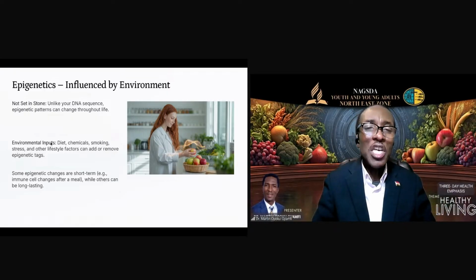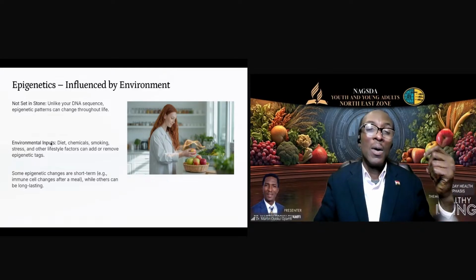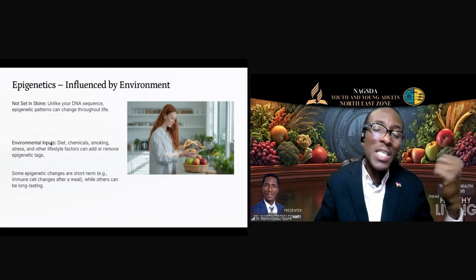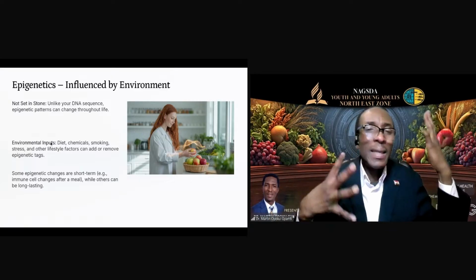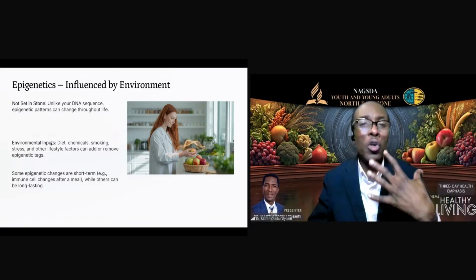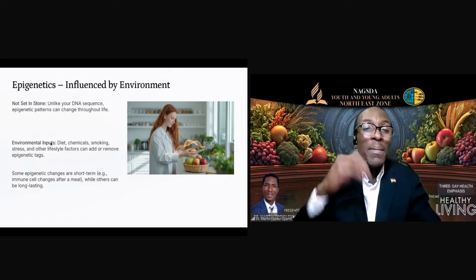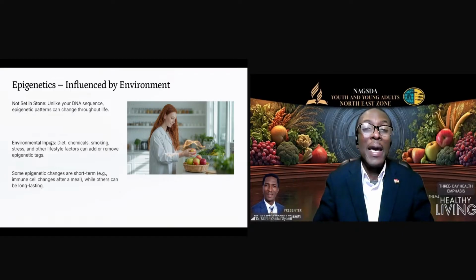Now the things that change it are environmental inputs: what we eat, the chemicals, the cosmetics and everything that we put on our skin. They imprint on our genes. Anything that you put on your skin, one way or the other, has access to your bloodstream.